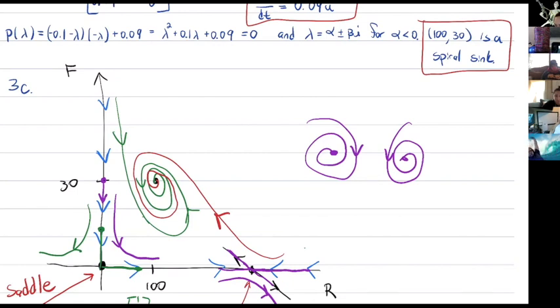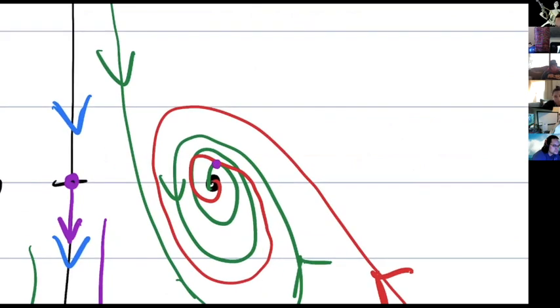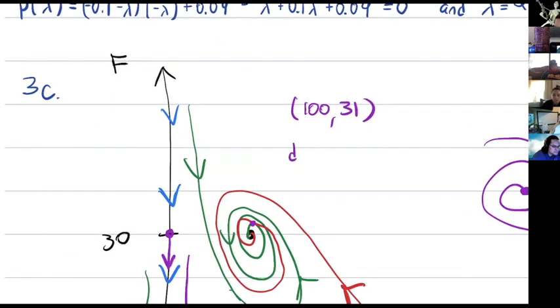So for example, I can think about what happens at the point 100, 31. That would be close to the equilibrium, but just 1 unit above it. And I can evaluate what the dR/dt and the dF/dt are when I plug in 100, 31.